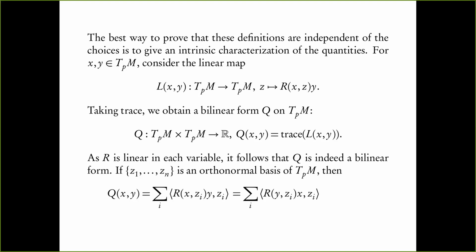Okay, so this is what you get. But what is this quantity? This quantity is nothing but Qyx, correct? So because of one of the symmetries of the Riemann curvature tensor, what you observe is that Q is actually not just a bilinear form, it's a symmetric bilinear form, right? Q is symmetric. So that's actually going to be very helpful, and in fact almost necessary for what we're going to do later.